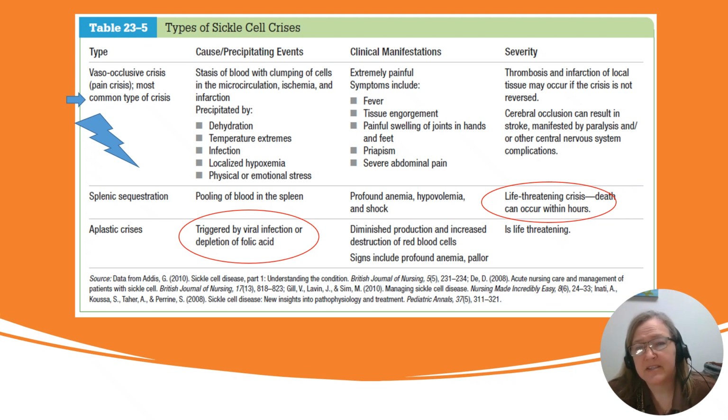They have a clotting event, and it can happen anywhere in the microcirculation, but it is precipitated by dehydration, temperature extremes, infections, localized hypoxia, emotional stress, and really it can be caused by changes in elevation.